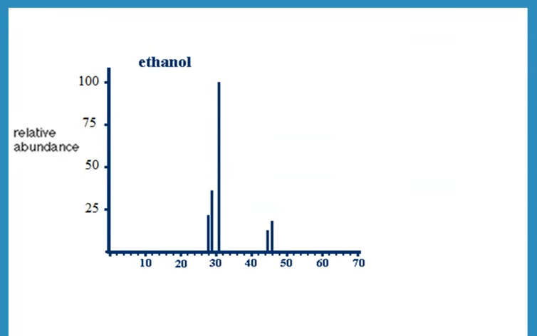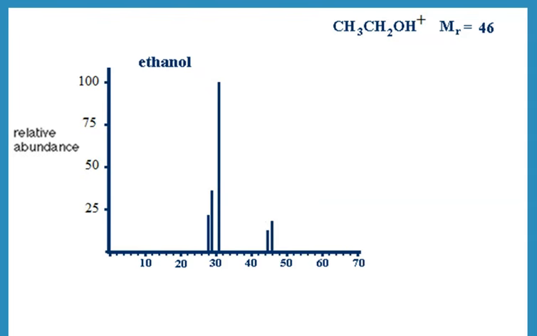Let's look at the spectrum for ethanol. So this was a spectrum that was done for ethanol. What do these peaks show? Now, if you remember, ethanol is an alcohol with 2 carbons, so the molecular formula is CH3CH2OH. When it passes through the spectrum, it becomes a positive ion. Remember that all the things that were being analyzed here are in the form of positive ions.